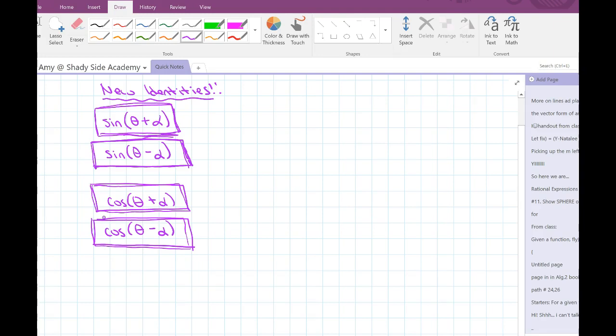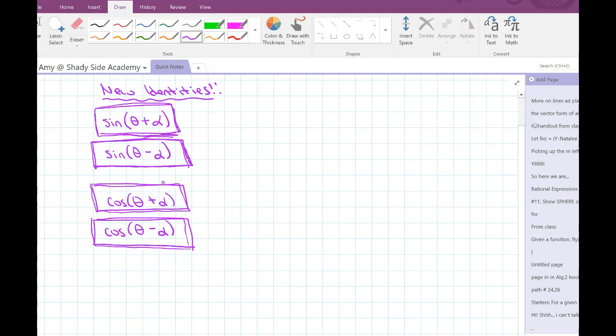So these are going to be four new identities for the sine or cosine of a sum or difference of angles. The first thing I want to make sure you understand is that it would be very careless to say that one could distribute sine to the two angles theta and alpha. Sine of theta plus alpha is not the distributive property.